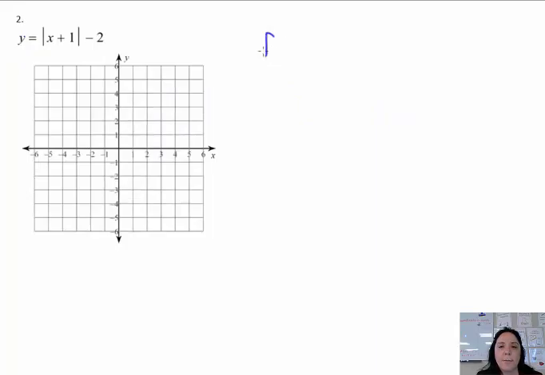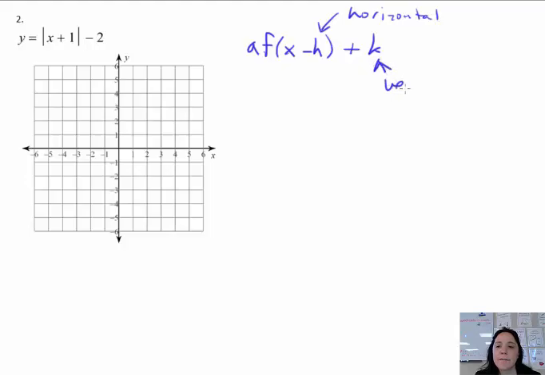We remember that our basic transformation is going to become a f of x minus h plus k, where h is our horizontal shift, k is our vertical shift, and a gives us our vertical stretch.